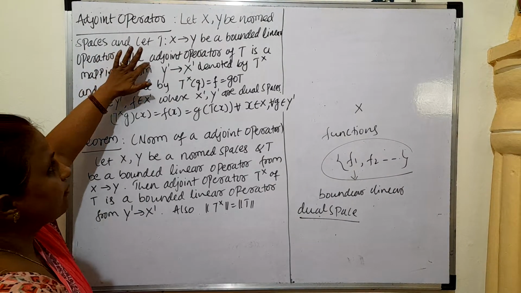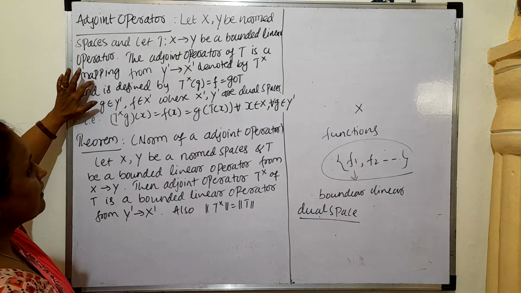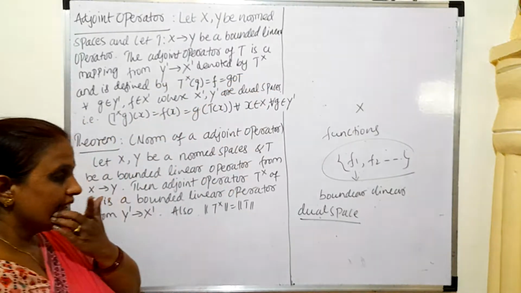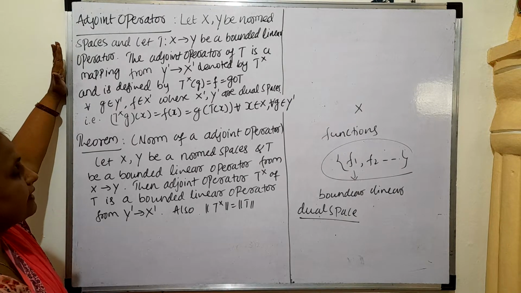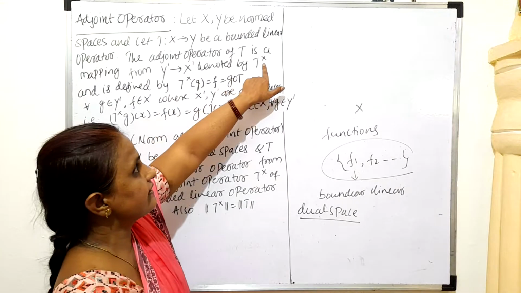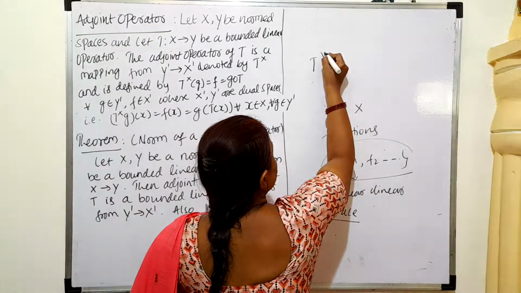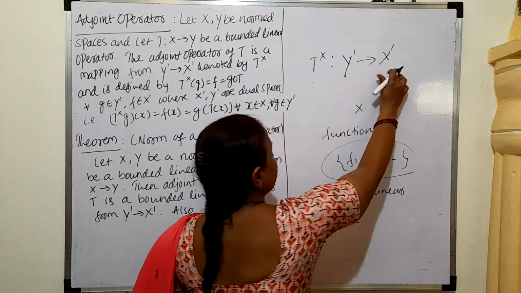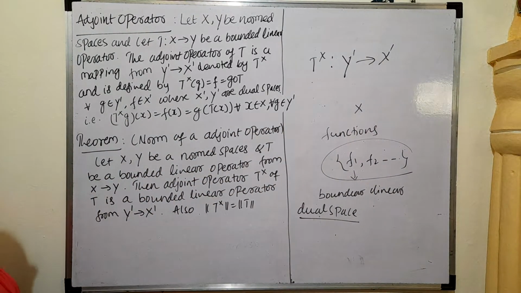Then the adjoint operator of T is defined as a mapping from Y dash to X dash denoted by T cross. Here the adjoint operator on these normed spaces we are defining as T cross, where it is defined from Y dash to X dash. Y dash and X dash are the dual spaces of Y and X.